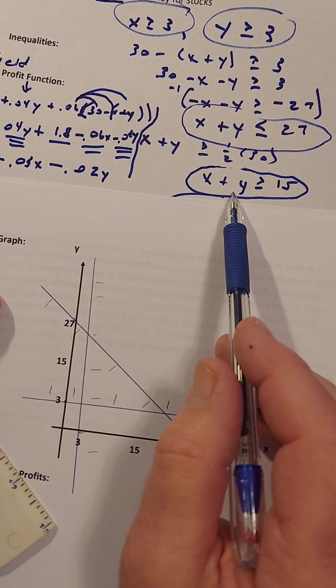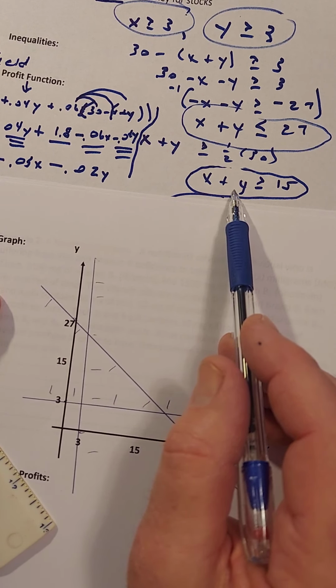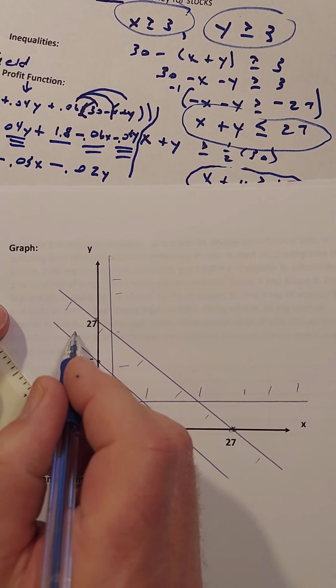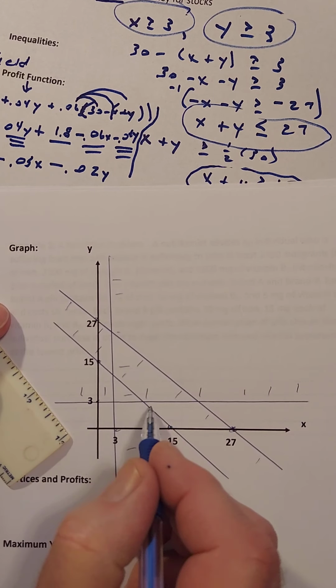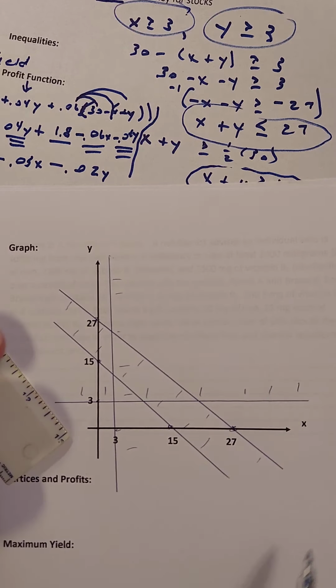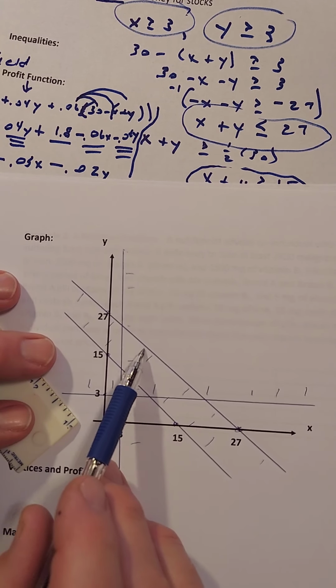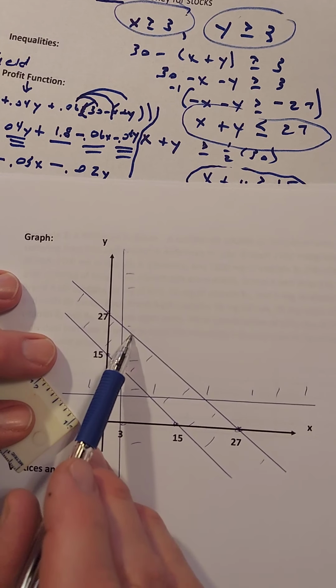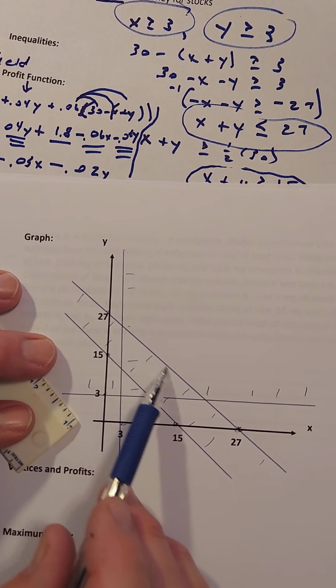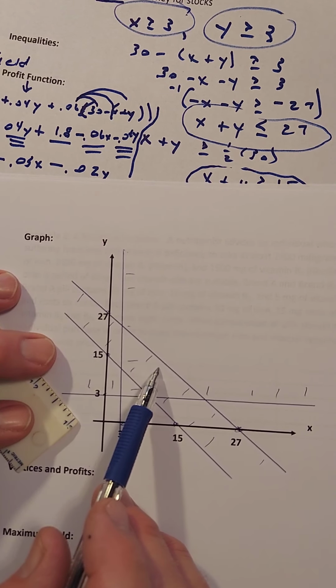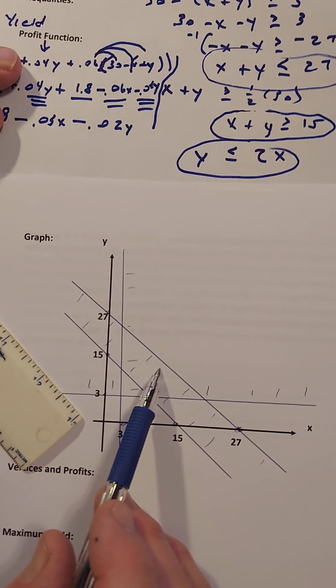This one says x plus y is greater than or equal to 15. So 15, 15, and I graph that. If I did it right, those should be parallel. And this says greater than or equal to, so I'm going to shade in all of that. So now if you look at this little figure right in here, that's my answer so far, but I still have one more.